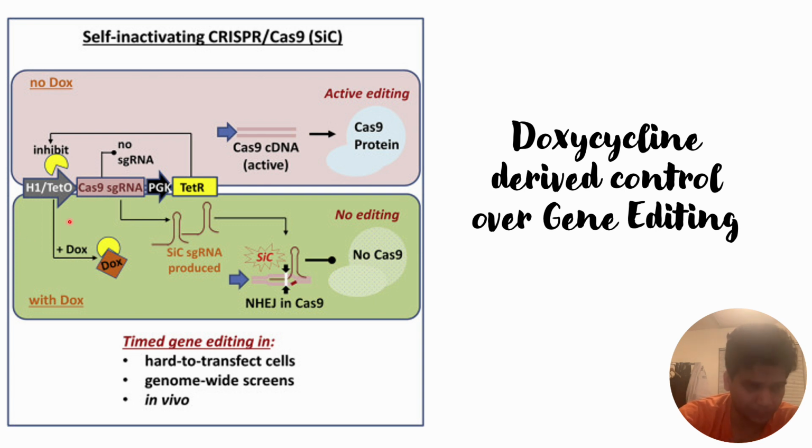So this doxycycline, usually this Cas9 contains different regions for the guide RNA.